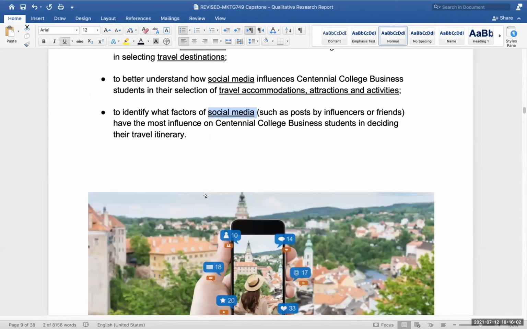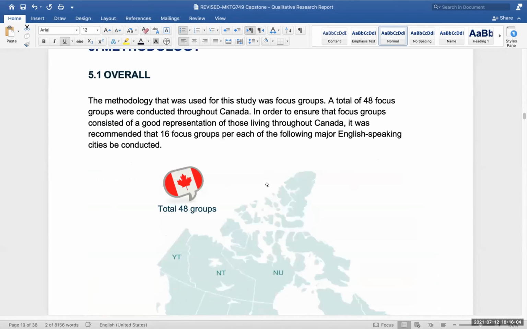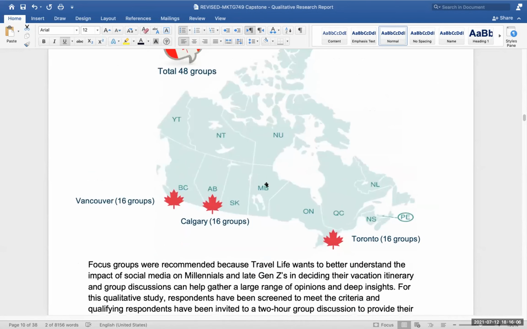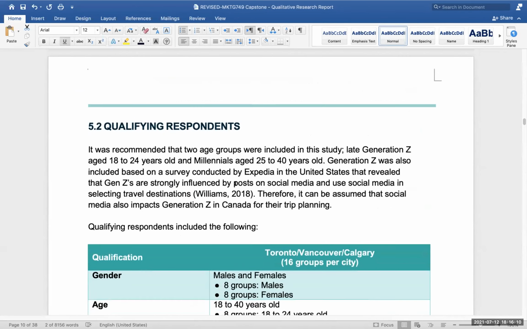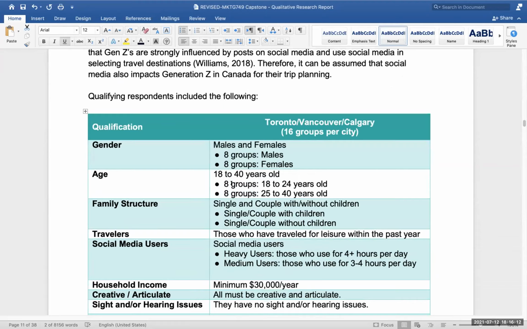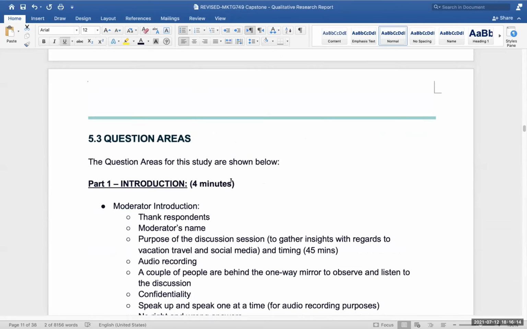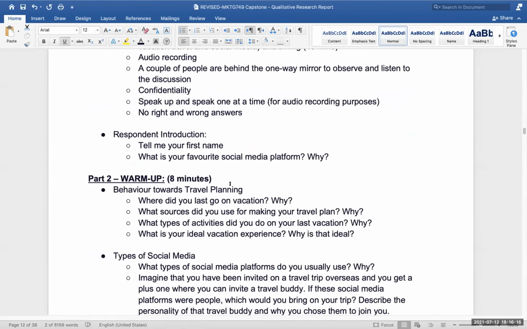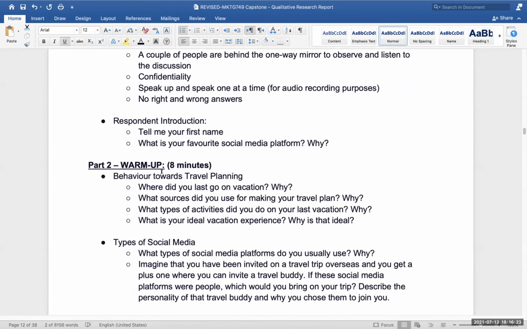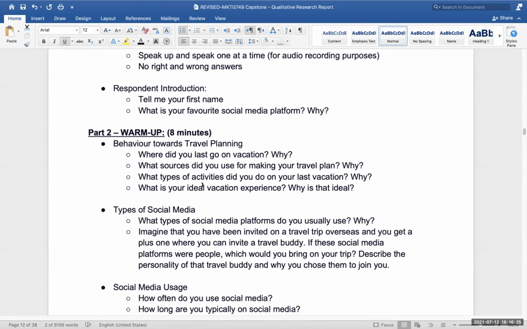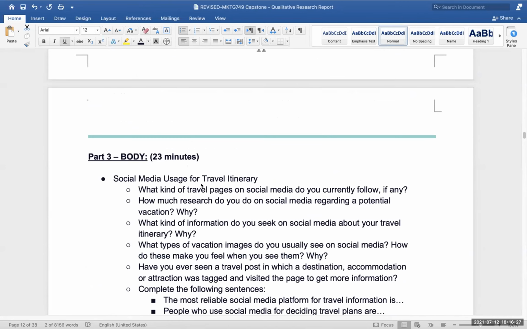All right. And then now, the methodology, as I said before, is how you collect data. And how we collected data was using focus groups. And this is just telling you the profile of the respondents. All right, so these are the actual questions that were asked. It's called a moderation guide, where, as a moderator, you have different parts of it, the kinds of questions that you ask, but I'm not going to go through that.